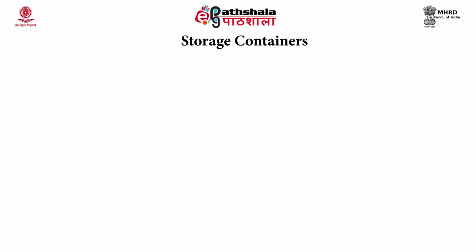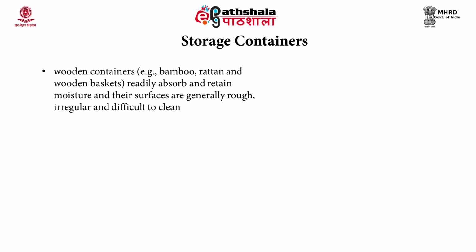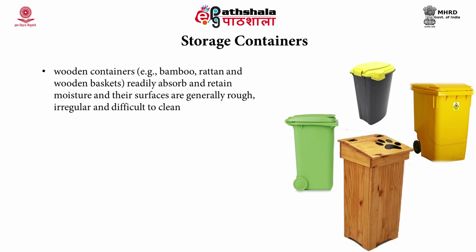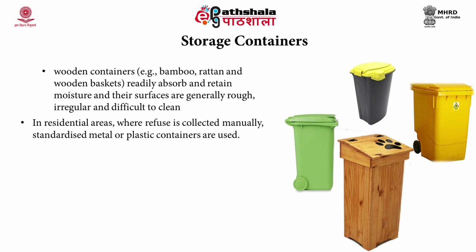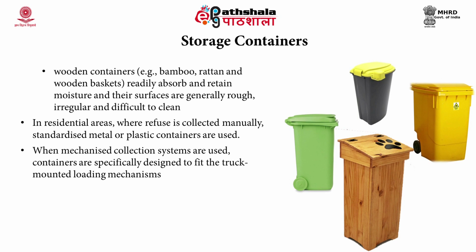Also, you should avoid usage of wooden containers, for example containers made of bamboo, rattan and wooden baskets, because they will readily absorb and retain moisture, and the surfaces are generally rough, irregular and very difficult to clean. In residential areas where waste is collected manually, you should have standardized metal or plastic containers.